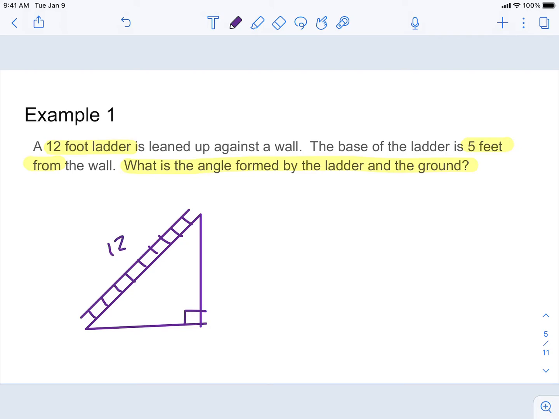That is that part. The base is 5 feet from the wall. From was our horizontal keyword. And then what is the angle formed by the ladder and the ground? So that's what it's asking us to find, is the angle, and it's the angle formed by the ladder and the ground. Well, here is the ladder, here is the ground, so the angle where those two things meet is where I'm going to put my X.